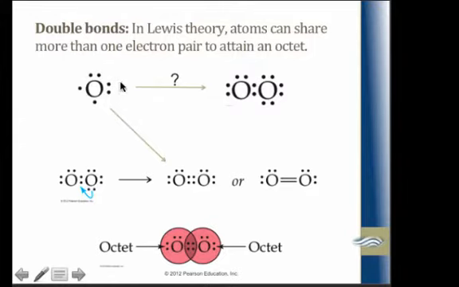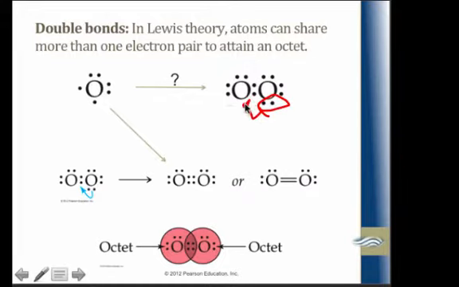But if I only have 6 electrons, if I put 2 oxygens together, I am not able to get an octet around this oxygen. Well, now we see the appearance of double bonds. In the Lewis method, once you run into this situation of short on one of them, we can move this electron pair right here.